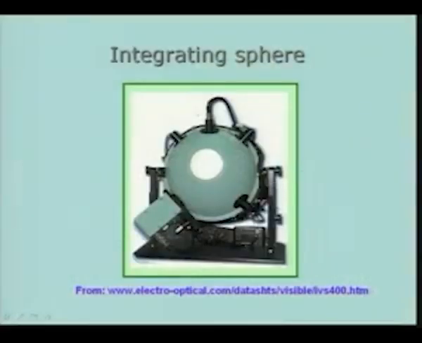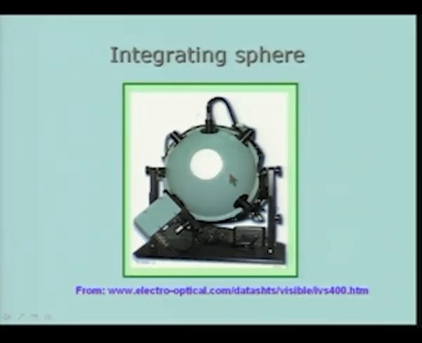So, two different methods we have discussed, and I am just showing a picture of an integrating sphere, which is available from a manufacturer. In this case, I have taken it from the website www.electrooptical.com. They are the manufacturers of this integrating sphere. The integrating sphere is this sphere here with an opening. This opening is to provide, in this case for the application for which this is being used, a uniform intensity radiation coming out from this port.